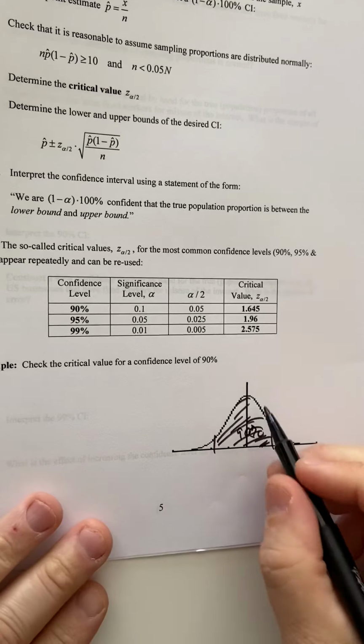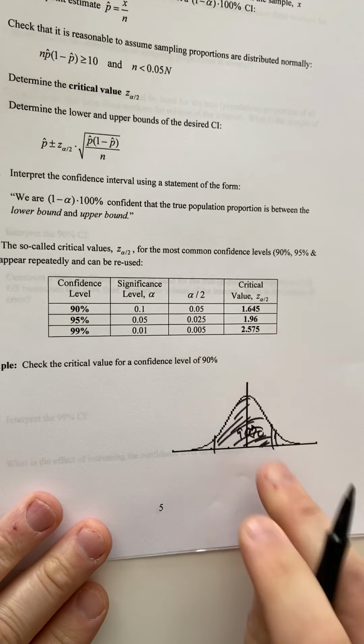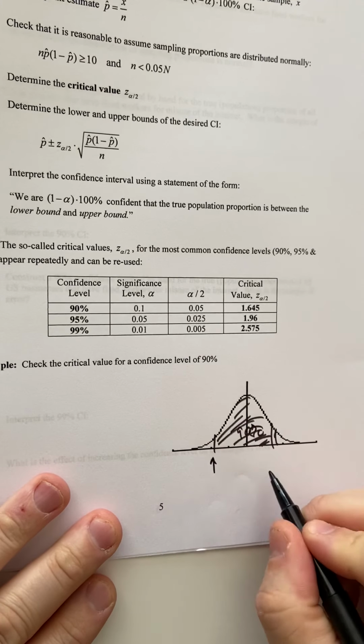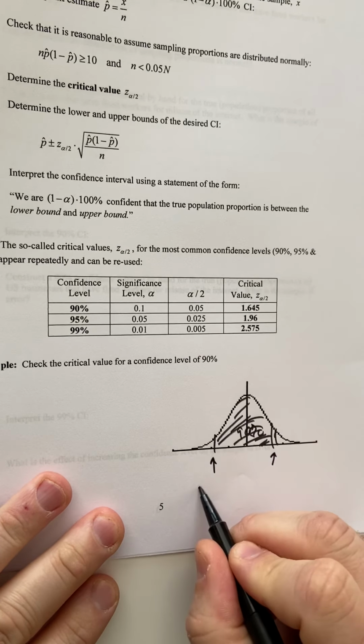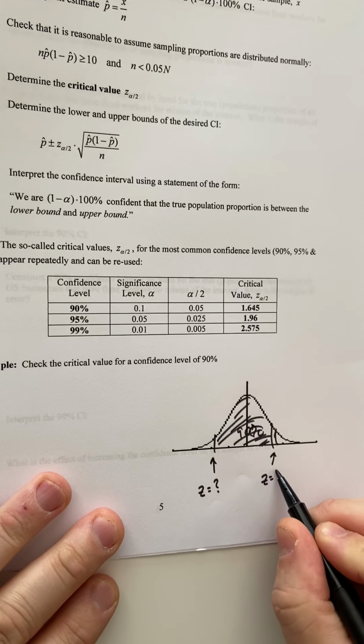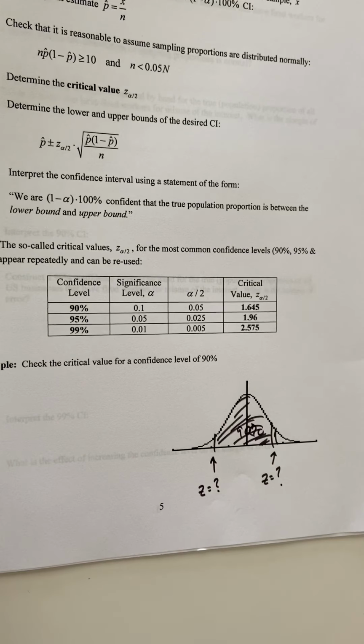We want 90% of our data to live within that number of standard deviations away from the mean. We don't know what that number is, so we are looking for this z-value, also called the critical value for this set of data.